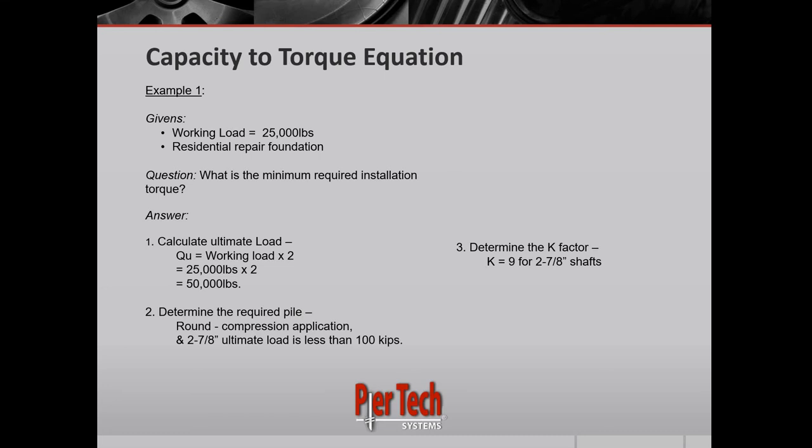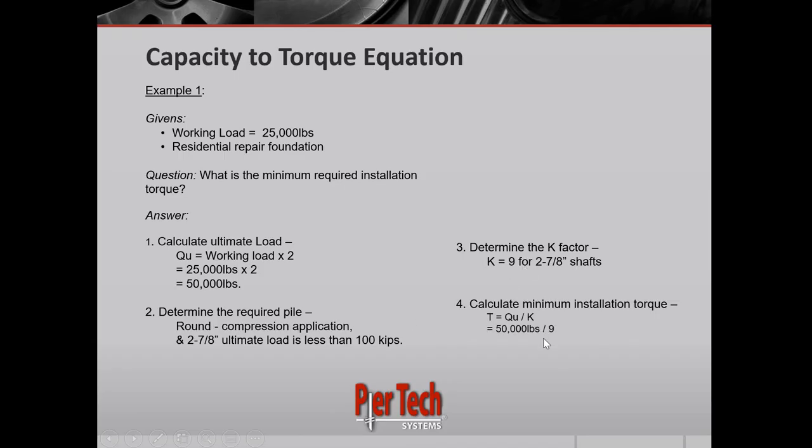All right, the last step is calculate the torque. If you remember from the equation previously, to calculate torque, you take the ultimate load, QU, and divide it by the K factor. The ultimate load was 50,000 pounds for this project, and the K factor is 9.